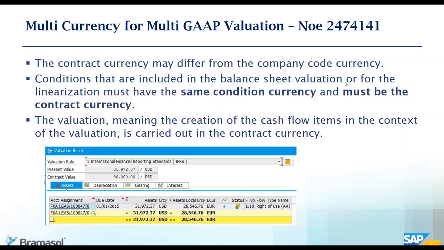For common area maintenance allocation, we handle the advance payments for common area maintenance that are typically defined on the contract. But these common area maintenance expenses should not be included in the valuation. So there's the ability, by condition, to say whether or not it participates in the valuation.